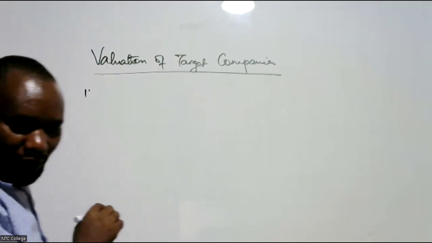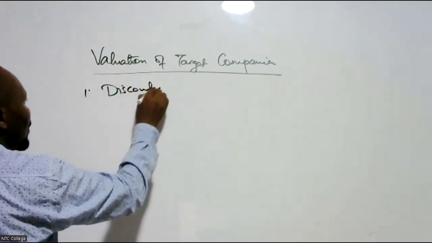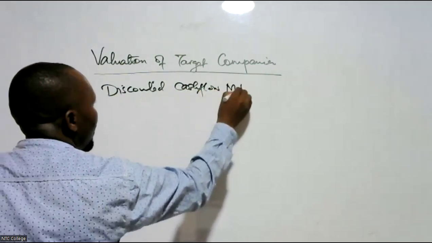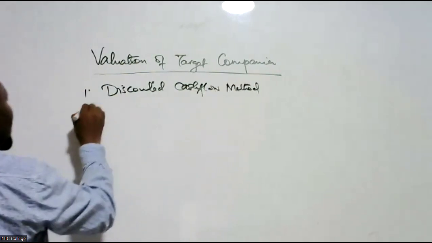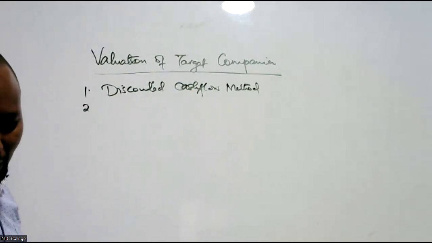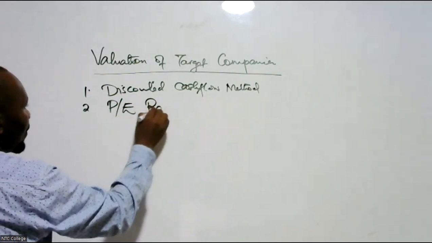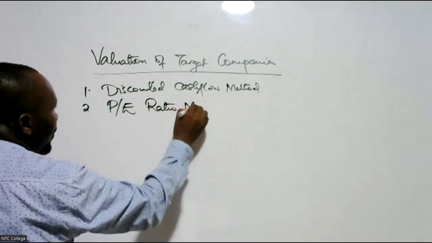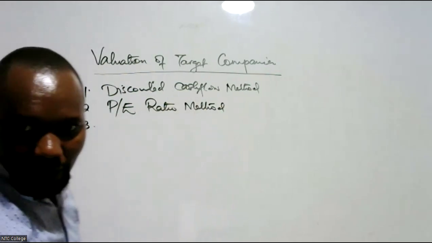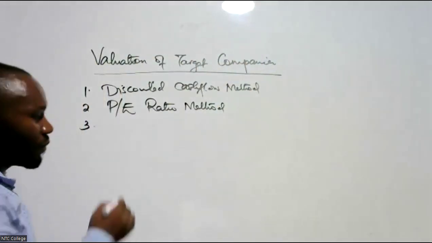So in our last class, we said that the first one is discounted cash flow method. Number two, we are going to look at the PE ratio method, which we are going to do today. Number three, we shall look at earning yield method.